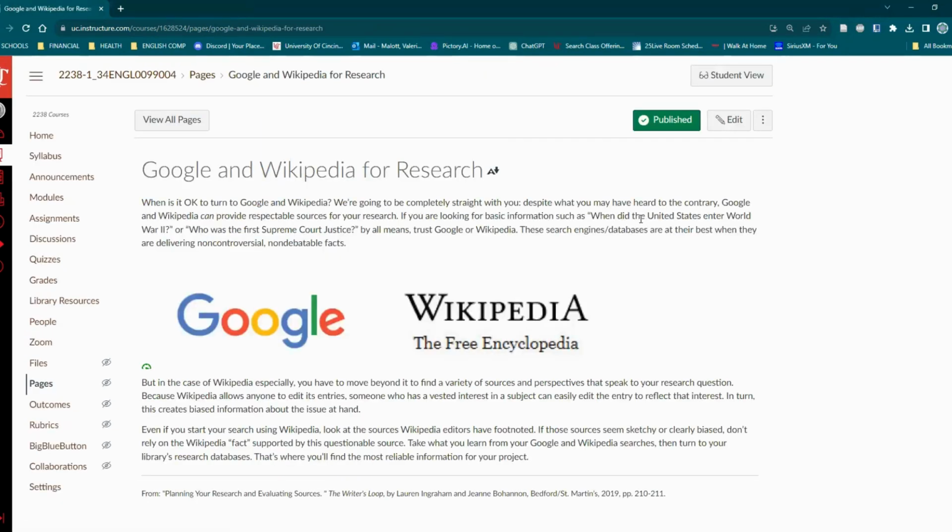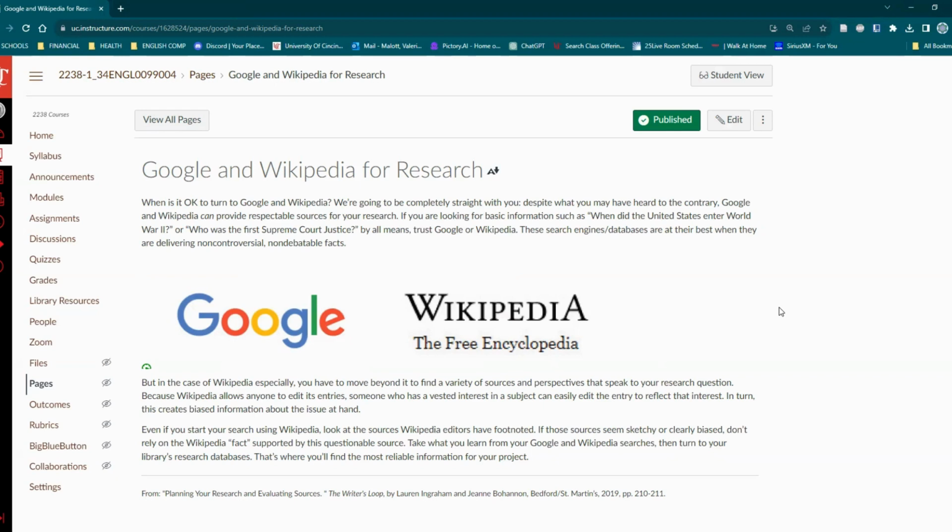Oftentimes students are told in their high school classes that they should not use Wikipedia. But Wikipedia as a source really isn't great, right? However, as a resource, it can be really good, right? In the case of Wikipedia, you have to move beyond it to find a variety of sources and perspectives that speak to your research questions.